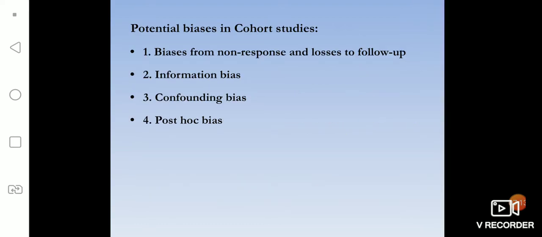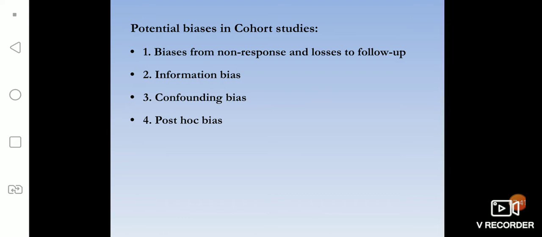Now coming to the later part, that is potential bias in cohort studies. You have seen bias in case control studies, so here we will see the bias in cohort studies. The first one is bias from non-response and follow-up, that is loss of follow-up. You call it the attrition problem.